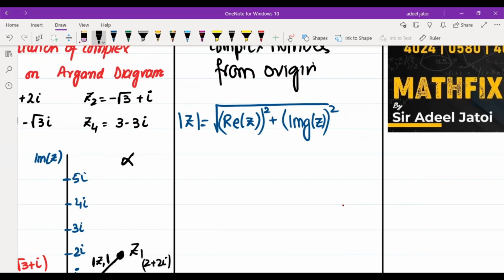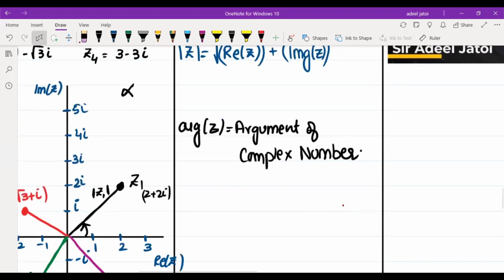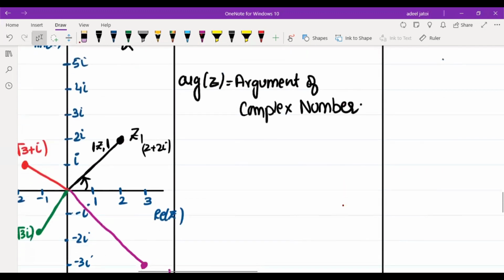So that means to find out the argument of z, that means the argument of the complex number, we'll be needing the argument of the complex number.